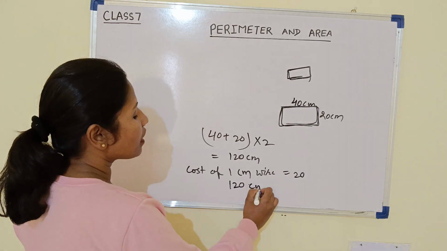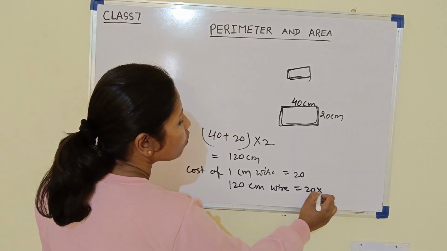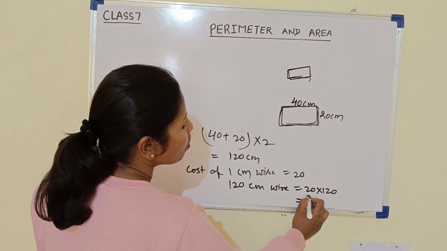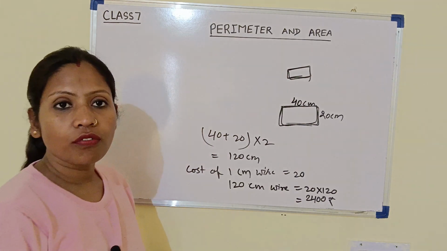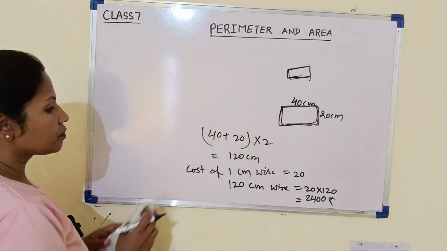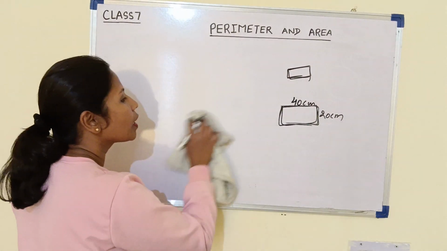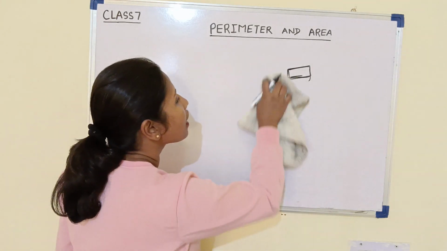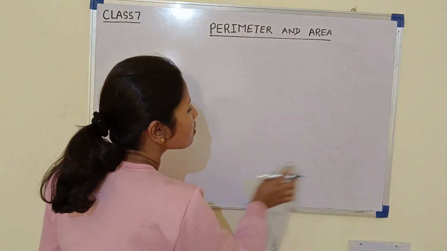So for 120 centimeter wire you will pay 20 into 120, which is 2400 rupees for fencing this rectangle. So there can be a rectangular part or a square part, and for square or rectangle questions you can find this kind of questions.